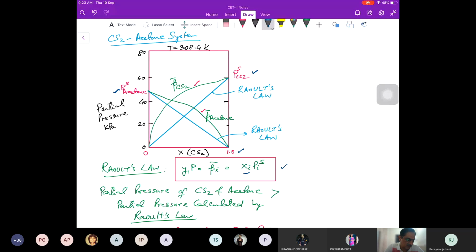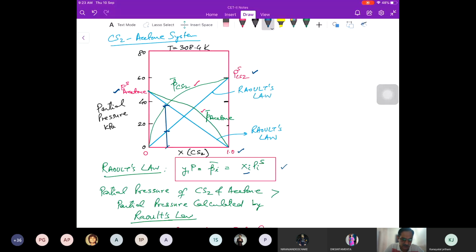Now, if you see this curve, actually, partial pressure of CS2, it is above that diagonal line or straight line, right? That means at any point, suppose if I take any X composition, right? Suppose if I take this value of X, so by Raoult's law, I'll get this value of partial pressure, and actual is this value. समझ में आ रही बात?